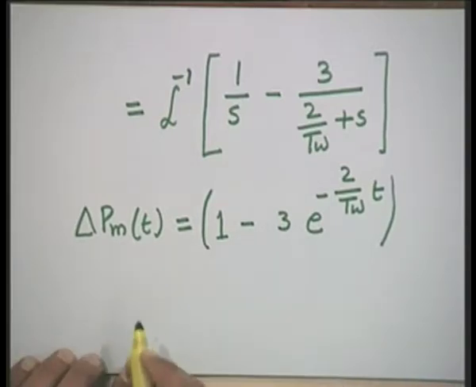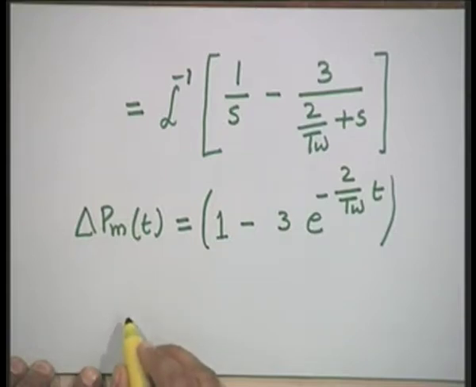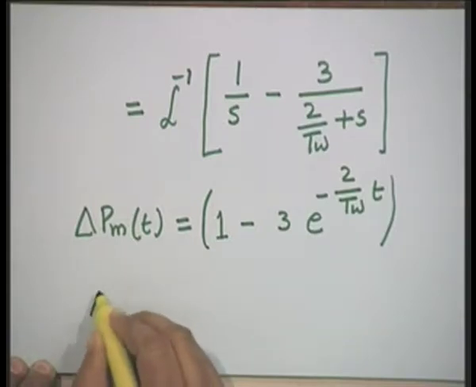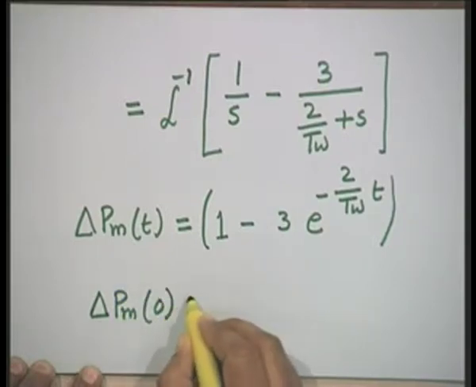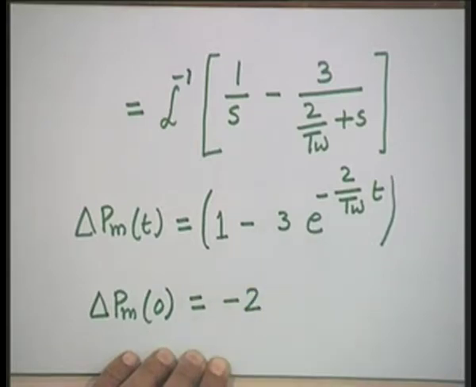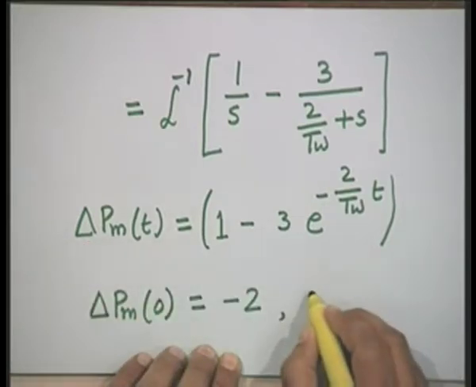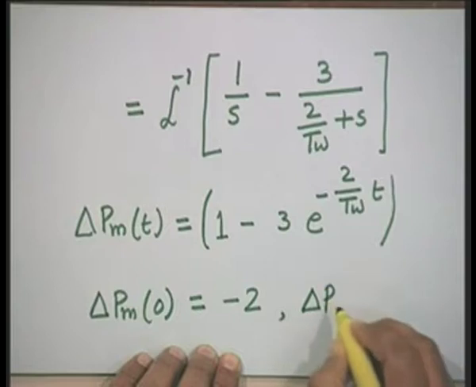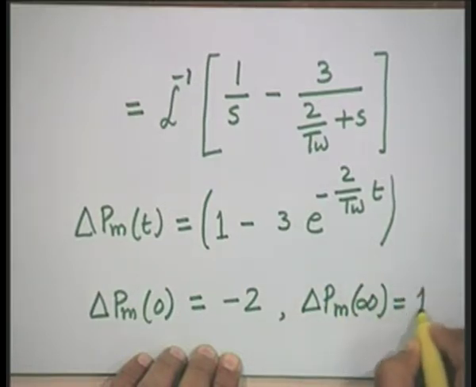Now, if I put t equal to 0, delta PM at 0 is equal to minus 2. And if I put t equal to infinity in this equation, I will get delta PM at infinity equal to 1.